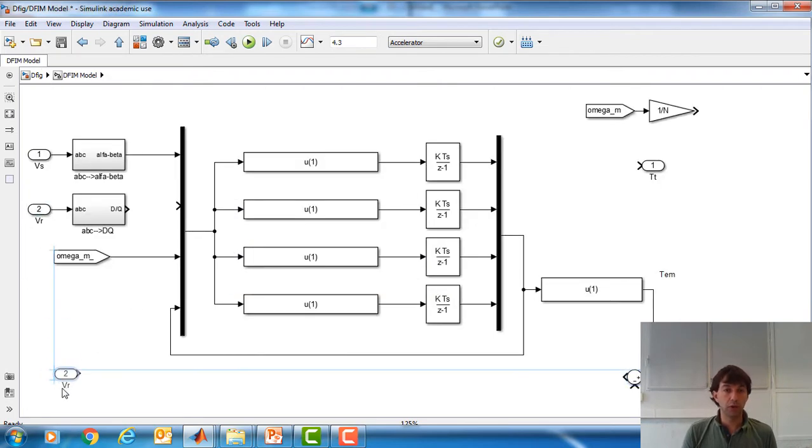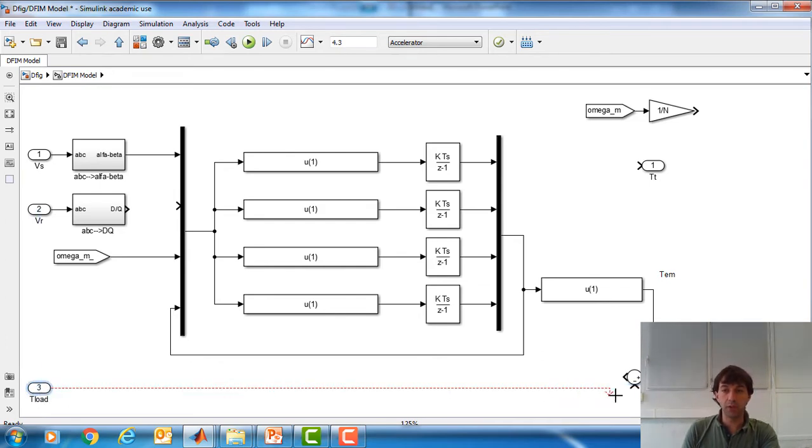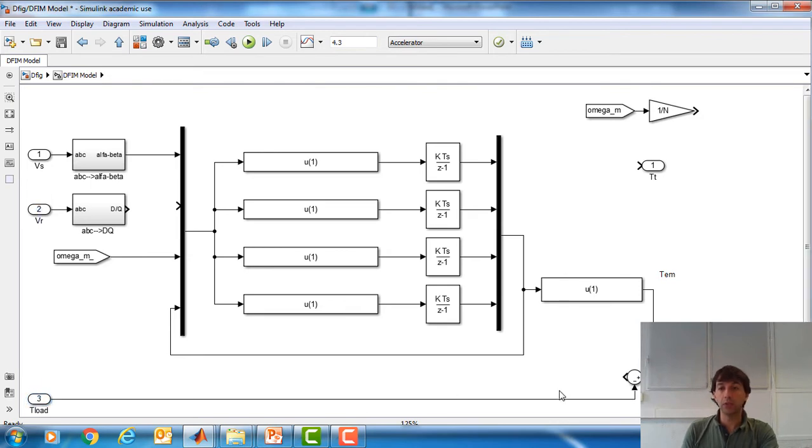Therefore, we will need another input. This is the load torque. Let's call it in a more generic way, and let's take it down. So this is torque.